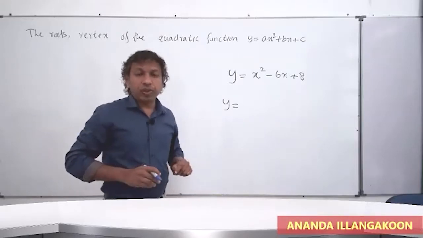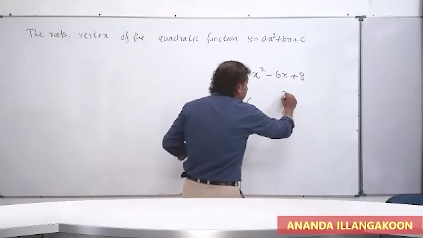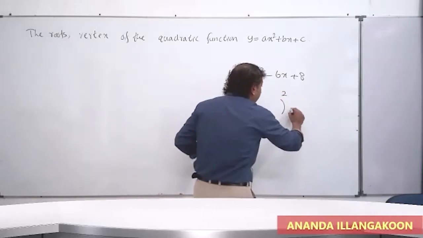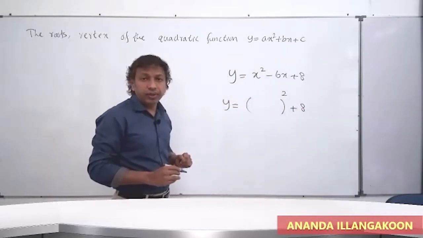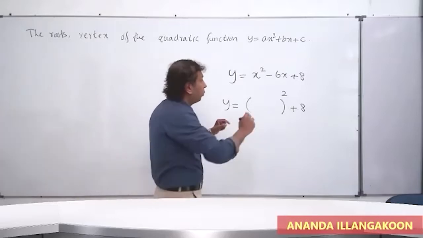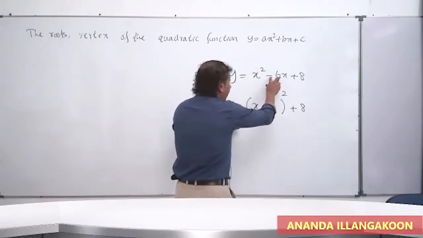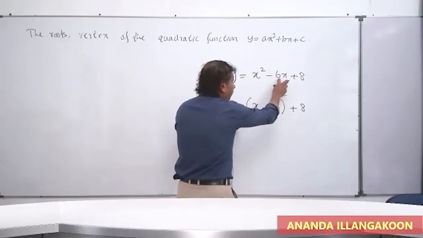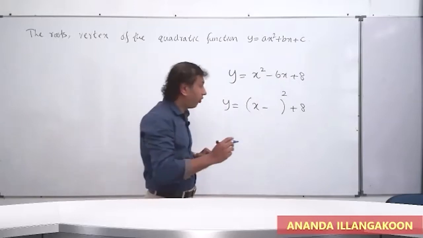Now, I told you a method. We have to put a bracket, perfect squared, and the last term we write the same way. Within the bracket, I told you, of the x squared, without the square, only x we have to write, and minus the x coefficient divided by 2. 6 divided by 2 is 3.